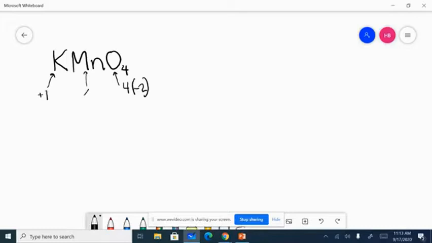Manganese, however, is a variable charge metal. He can have lots of different charges. So you see that there's no number there. That means that it is a compound and is electrically neutral. So if I add up the +1 for potassium with the unknown for manganese, and then the 4 oxygens that are each -2, the total is going to be 0.